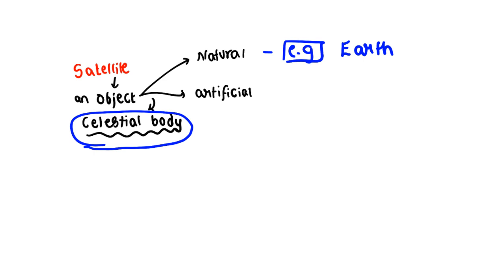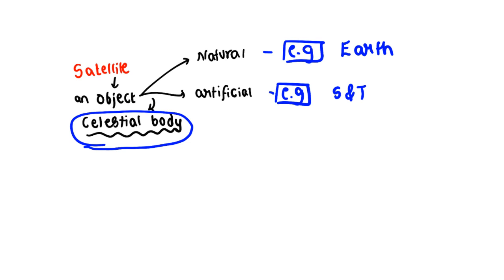So the natural satellite comes with the example of Earth, and artificial satellites are the satellites which we generally use for science, technology and communication purposes. We use a rocket system to send these satellites into space. So a satellite could be a natural one or an artificial one.